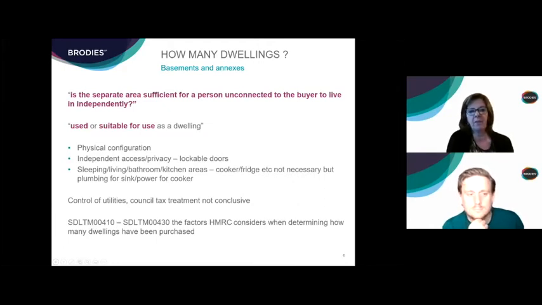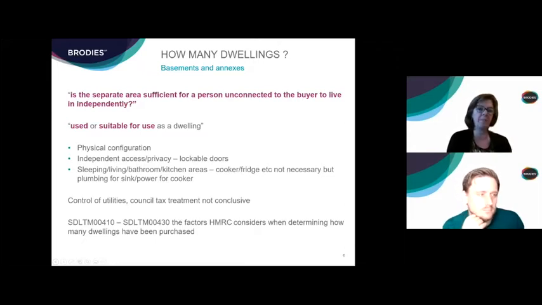The test for whether something is a dwelling is whether it's used or suitable for use as a dwelling. And the used test takes priority. So if something's being used as a dwelling at the time of purchase, then that pretty much clinches the deal.